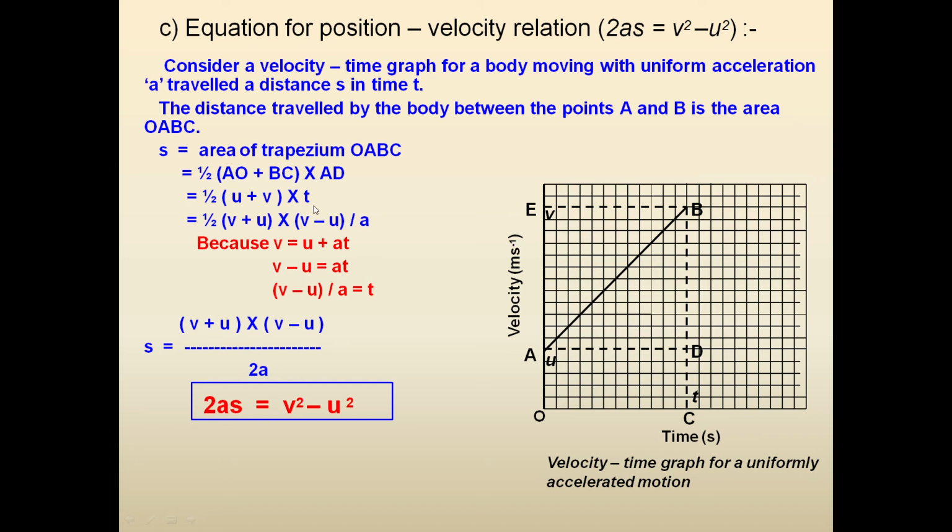Now this T we can write equal to V minus U upon A. How? Just pay attention to this red colored text, because V is equal to U plus AT.